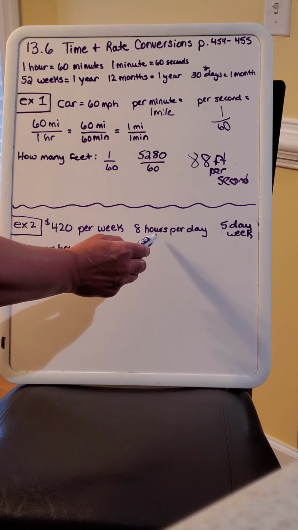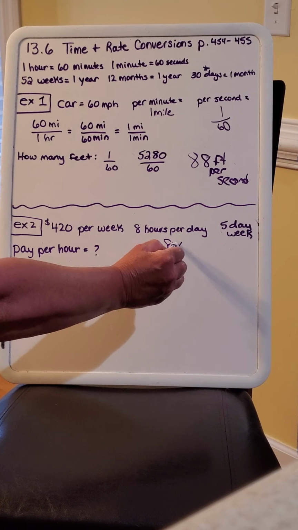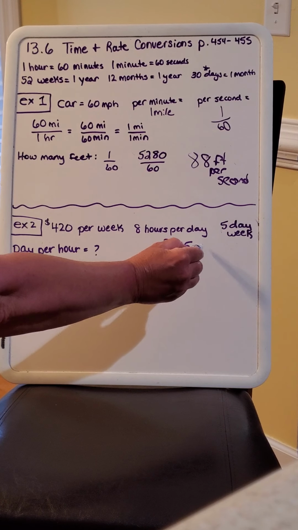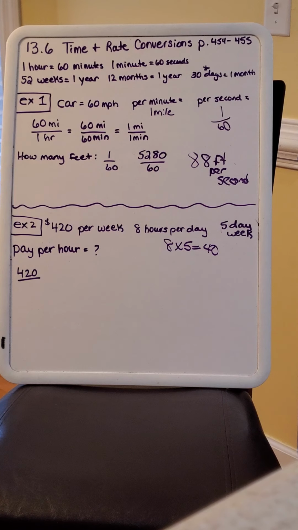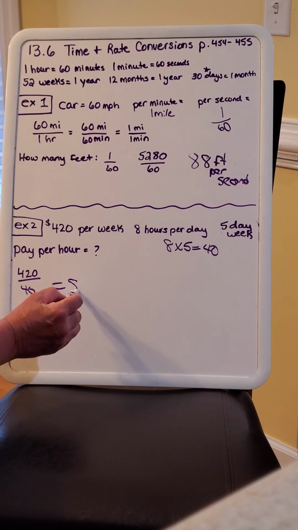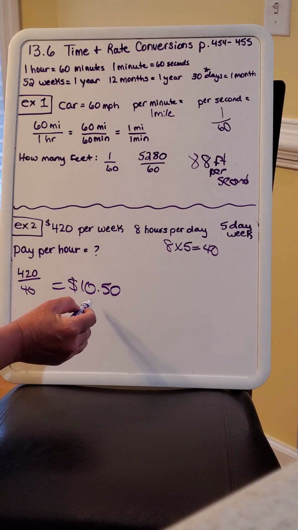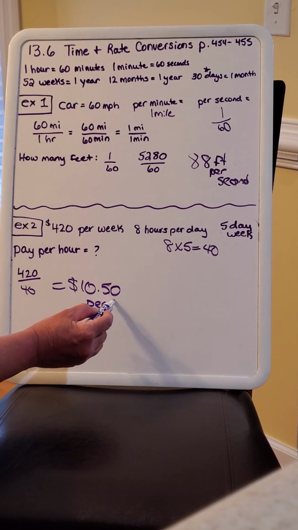So if you work 8 hours a day, 5 days a week, 8 times 5 equals 40. So you're making 40 hours a week. Now you can take that 40. So 420 divided by 40 is $10.50 per hour.